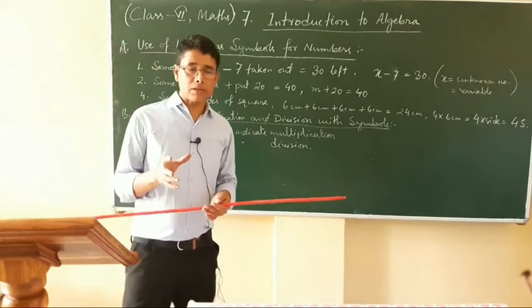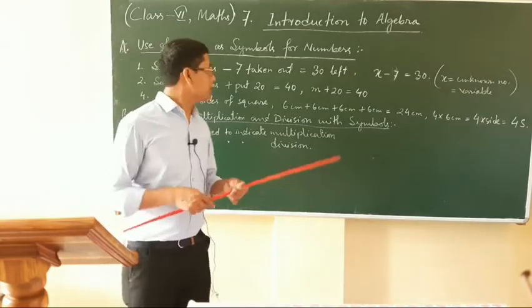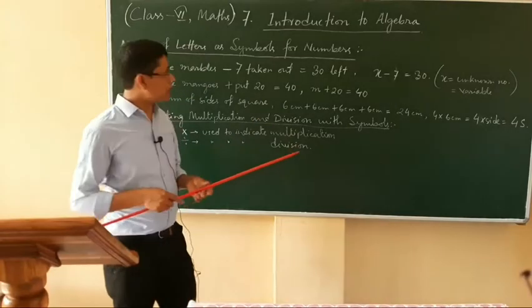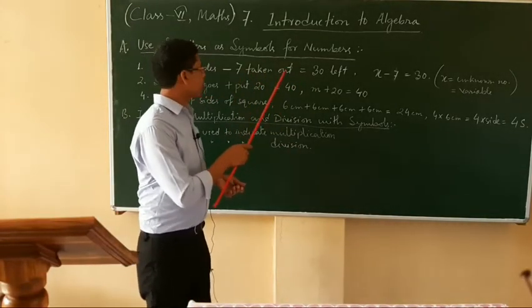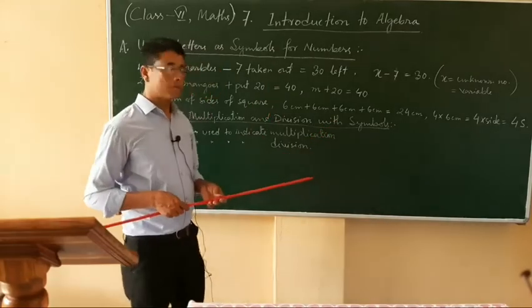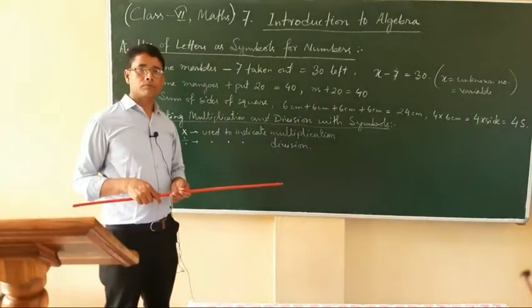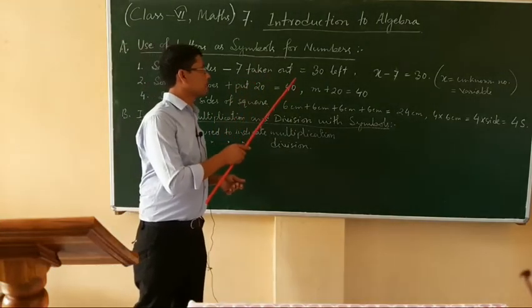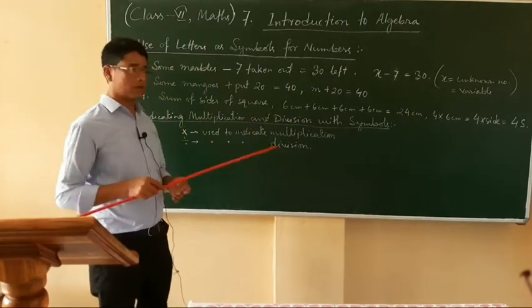So, some marbles are there in a bag, and from that bag, 7 marbles have been taken out. And here it is given that after taking out 7 marbles, 30 marbles are left. Okay, that means after taking out 7 marbles, 30 marbles are left from some marbles.